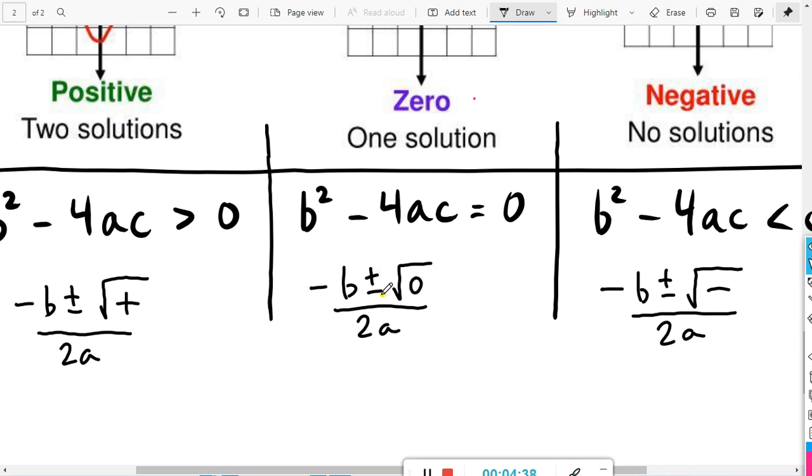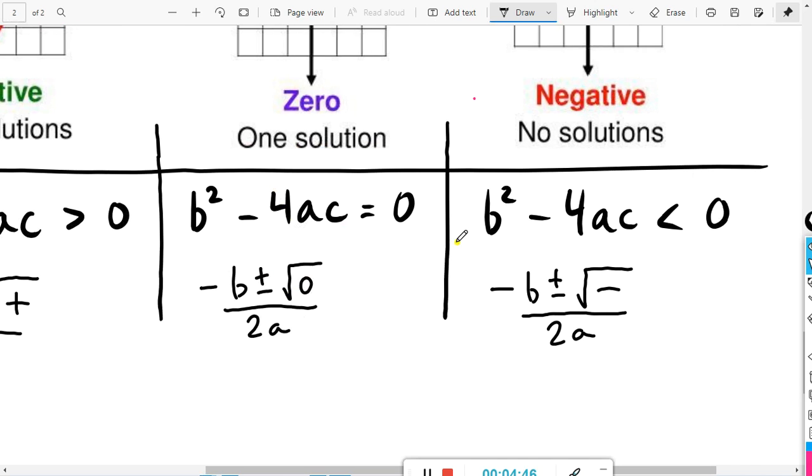So the plus or minus means nothing, because adding 0 and subtracting 0 is the same thing. So you're only getting 1 solution. In the negative case, you're adding and subtracting the square root of a negative number. You can't take the square root of a negative number, so those solutions are just imaginary. So technically there are no real solutions. They're just imaginary.